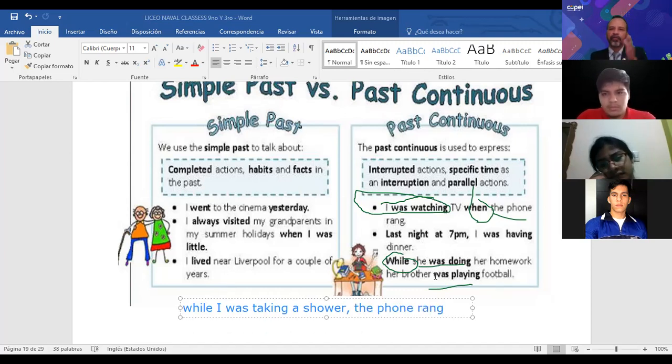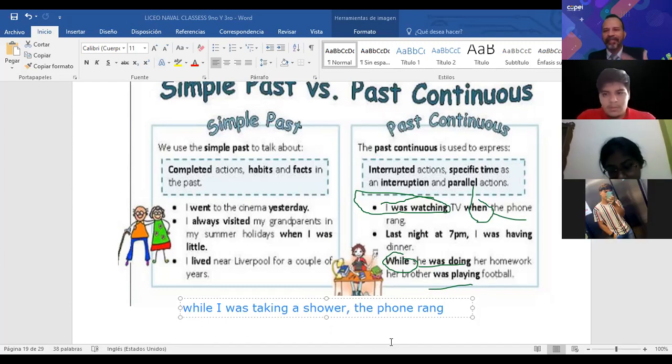So that means that I was doing something and then another action interrupted, a short action interrupted the longer action. The past continuous is a longer action interrupted by the simple past. While, you see, while.